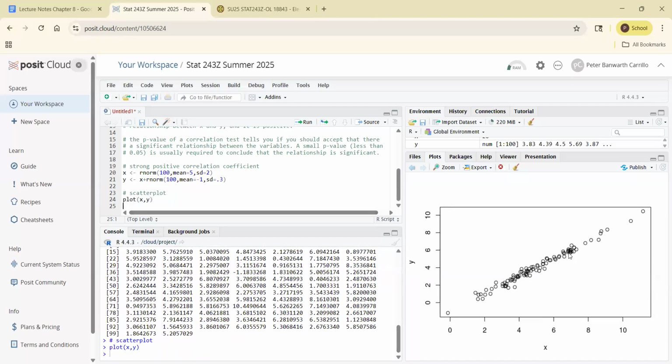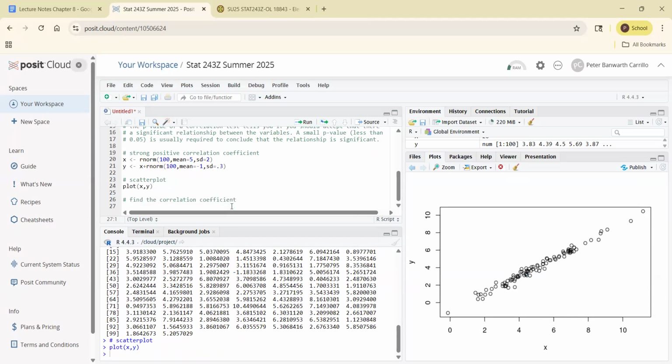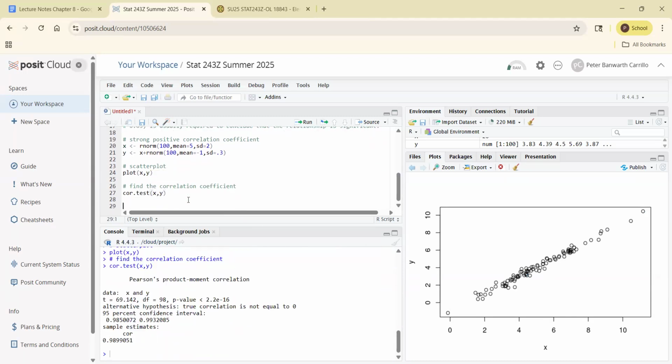And we see a very, very strong positive correlation because they sure look like they're all lying on the same line. I built it that way on purpose. And let's find the correlation coefficient. We get 0.99 actually, which is super high.